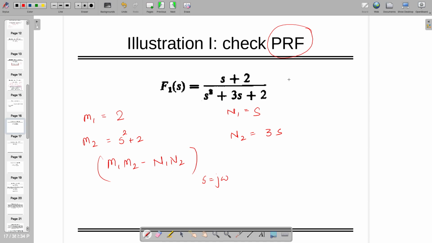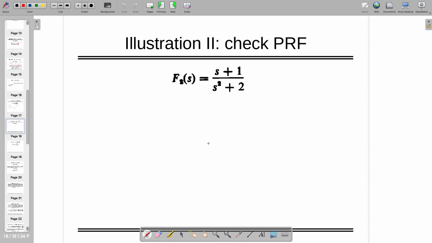Yeah, positive real, because b is greater than a and c is greater than 0, right? From here itself you can say that, because similar thing we have done. Can you say something on this one, whether it's positive real function or not?